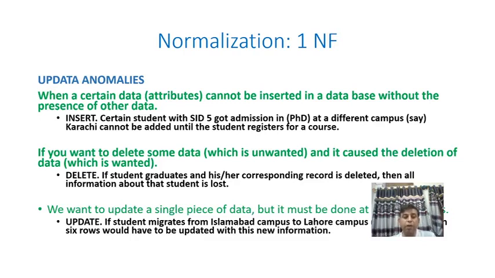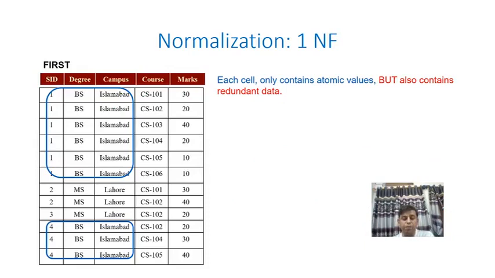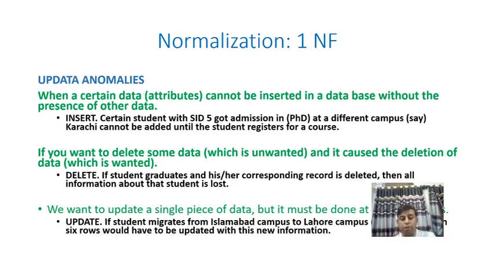So this kind of anomaly is known as the deletion anomaly: you want to delete the unnecessary data, but it causes the deletion of data that is essential. We'll see in a moment that if some student needs to be deleted from the current attendance register, this data is deleted from the whole record.